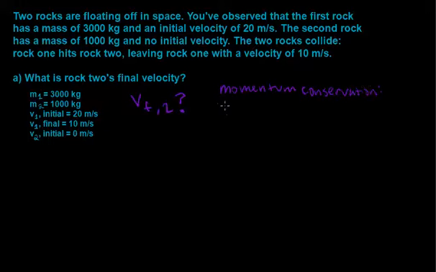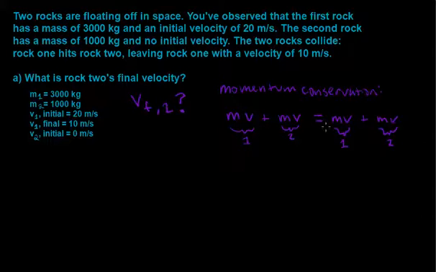This is just an equation made up of the regular momentum equations, saying that if we have the momentum of one object plus the momentum of another object in the initial state, after a collision happens, then the momentum of one object, if the velocity has changed, plus the momentum of another object after its velocity has changed, these states must equal each other.